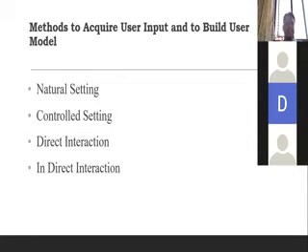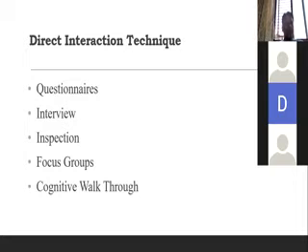Direct interaction techniques are typically categorized as questionnaires, interviews, inspections, focus group, and the cognitive walkthrough. Now, talking about the first one, there are several types of questionnaires and interviews.